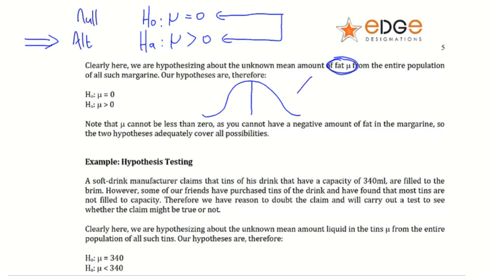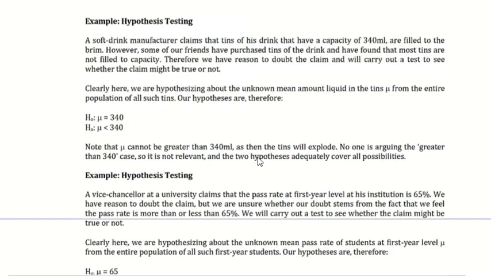This is a one-tailed test. I'm only trying to prove that the mean fat content is greater than 0. So there's my mean and 0. I'm trying to prove greater than 0. So it's a one-tailed test. And of course, it sits in the right-hand tail. Everybody comfortable with that? Okay, let's look at the next one.